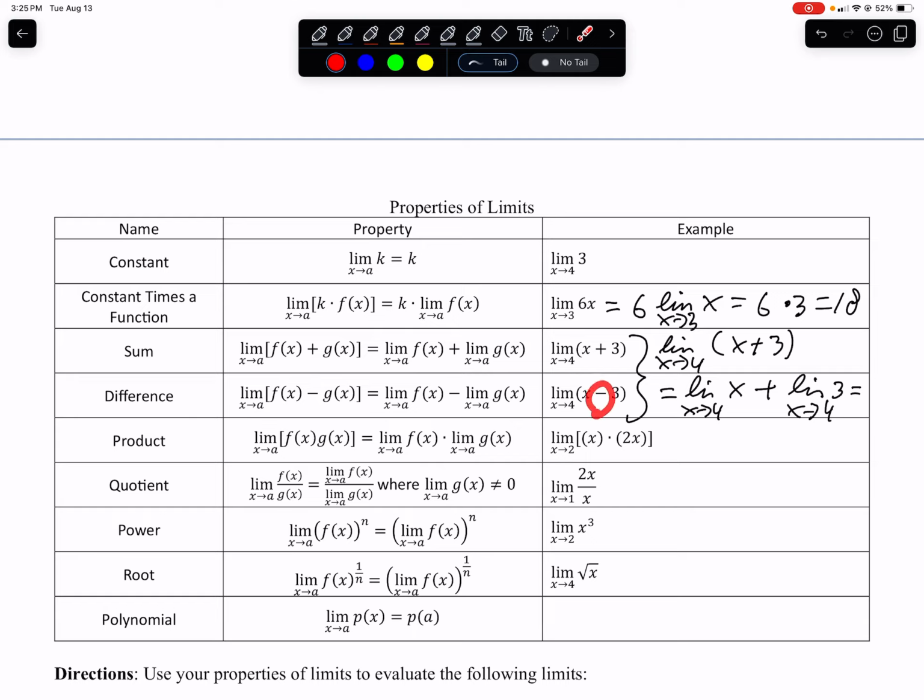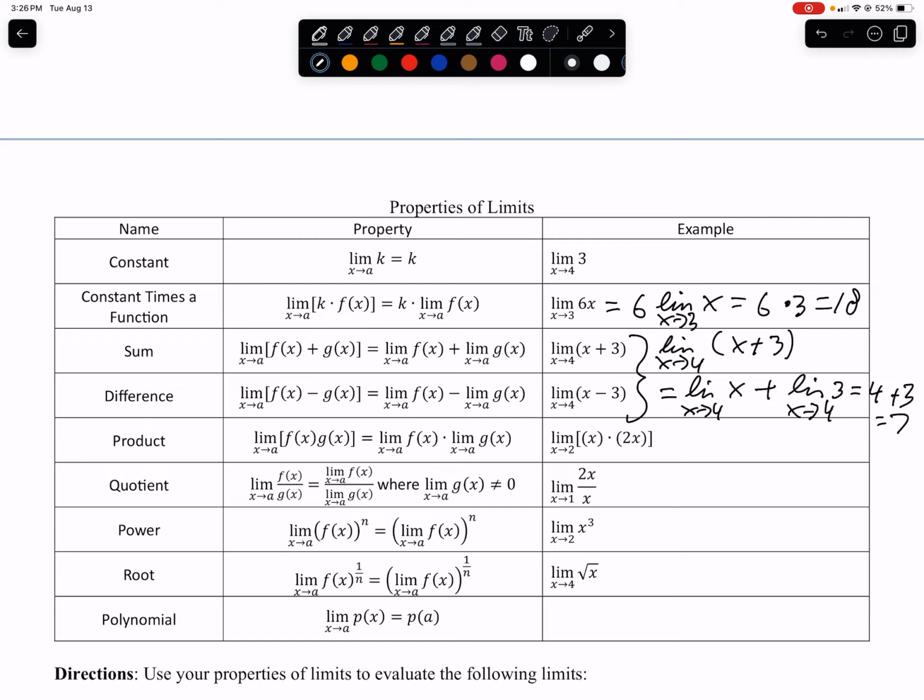Now again, if this was minus, the only difference is you would put a minus there. It's just the sign change. All right, I think we can finish this off. What is this limit? Well, we're going to use that property we just learned. That's going to be 4. And what is this limit? Well, it's a constant. That's always going to be 3. So your answer is going to be 7 for that one.